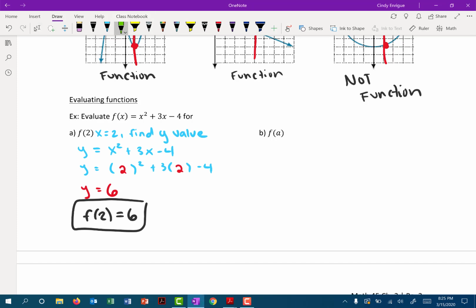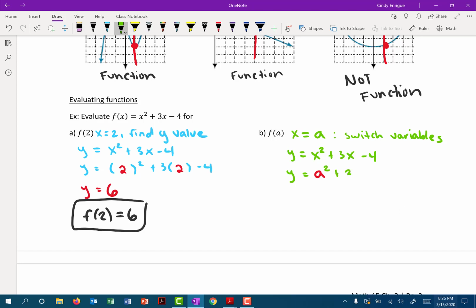Now, for the second one, what this is saying is, hey, x is equal to a. So it's just switching one variable to the next. We're going to make a clean swap of variables. That's it. I know that y is equal to x squared plus 3x minus 4. But now it's specifically asking us to say it's a.